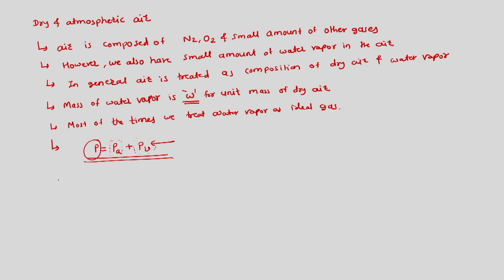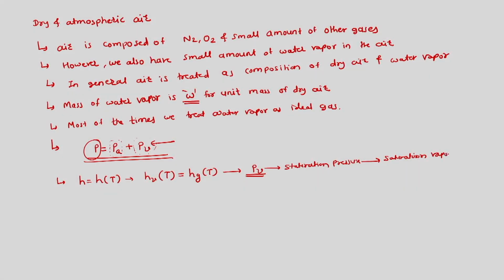So we need to find out, suppose, enthalpy, suppose H, which is a function of T, then that can be found out as H of T for us, which is equal to Hg of T. So we practically mean that we will go into the vapor pressure, and that vapor pressure we will treat as saturation pressure, and at that saturation pressure we will see in the steam table what is the saturation vapor enthalpy.